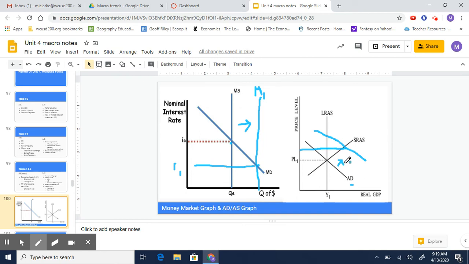So aggregate demand will increase for a couple reasons. Investment and consumer spending. Now look over time, what happens to price levels? Prices are higher. So guys, these are some of the types of questions that could be created off of an increase in the money supply, the Fed buying bonds. All right, I'm going to erase this.